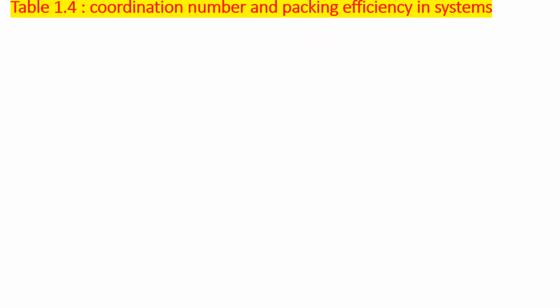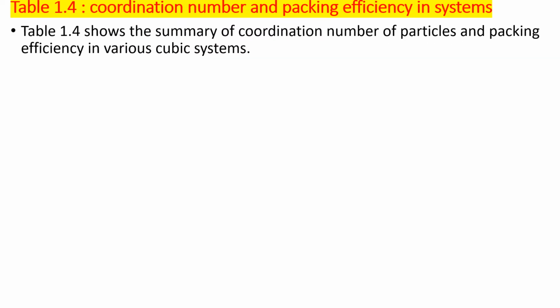Next table, table number 1.4, coordination number and packing efficiency in cubic crystal systems. Table 1.4 shows the summary of the coordination number of one particle and packing efficiency in various cubic systems.